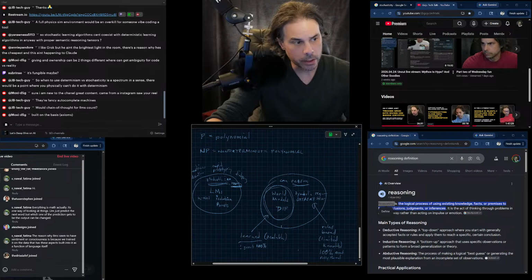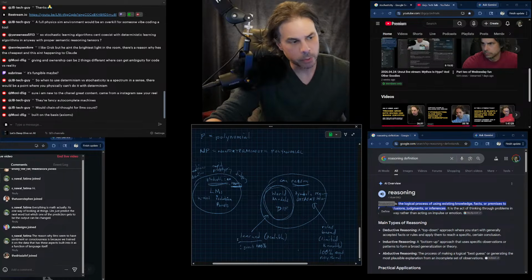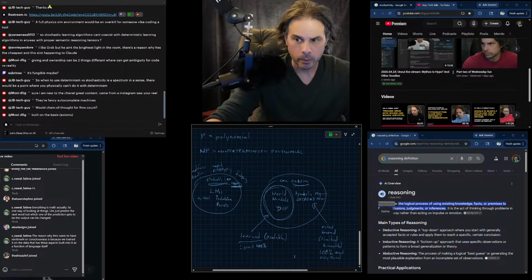At least to the best of my knowledge, it's not possible. That also means that even though diff can reason and it has semantic understanding, diff cannot guarantee that it is going to be 100% correct. And I have a strong suspicion it's the same thing with Jan's world models. It can't guarantee it. Now, we can get pretty darn close, but this is a very important distinguishing characteristic. If you need 100% certainty, like the kind of thing they do with formal verification for spaceships, you may want to do this.